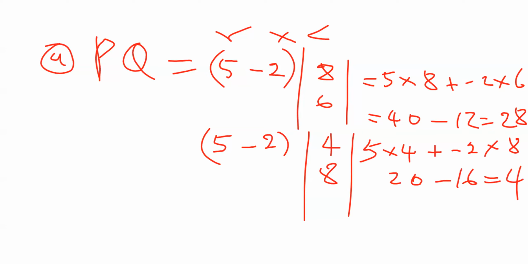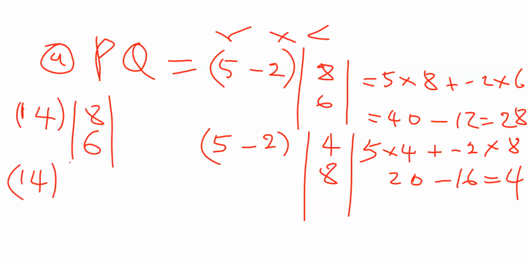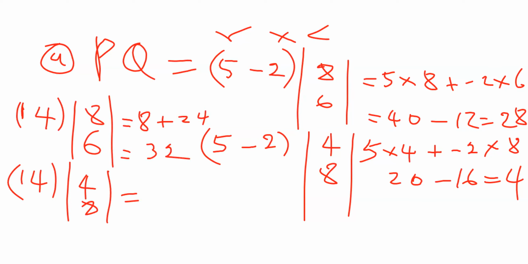We'll repeat the same thing. The second row of matrix P, which is 1, 4, we'll multiply by 8, 6. We'll also multiply 4, 8. For more indication, 1 times 8 is 8 plus 24 to give us 32.